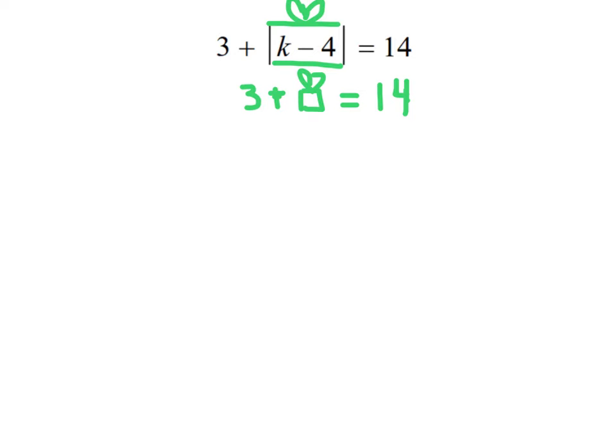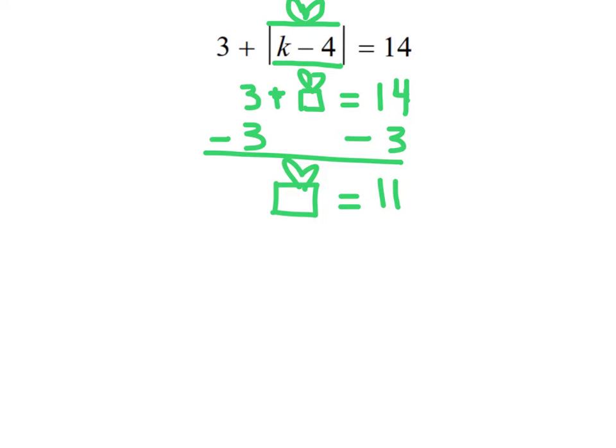Now if I want to solve to get the present by itself, I would subtract 3 from both sides, and I would get that the present is equal to 11. Now I can rewrite this by taking the present and rewriting it as our absolute value equation. So I can say the absolute value of k minus 4 equals 11.